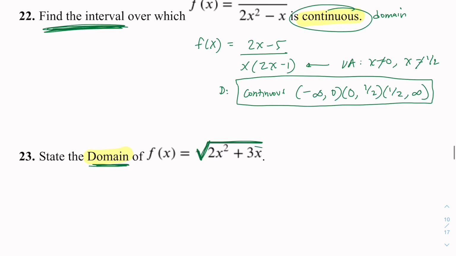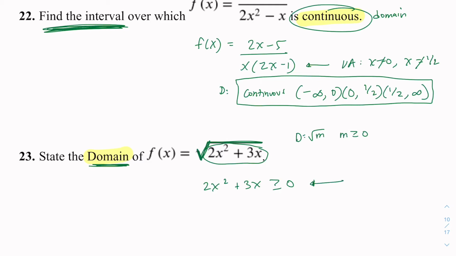So the inside expression, if you're finding the domain of root monkey, you'll always make sure that monkey is greater than or equal to 0. Because I can take the square root of 0, and I can take the square root of a positive number. The only thing I can't have under a square root is a negative. So to find the domain, let's set the inside guy greater than or equal to 0.